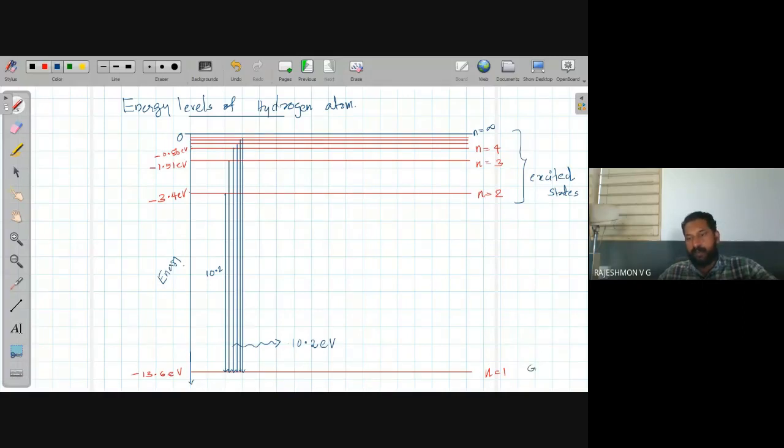This is called the ground state. When it gets some energy from somewhere, it will go to the higher energy states. Then it can come back to the ground state by emitting a radiation. If it absorbs some radiation, it will go from lower to upper level. If it emits some radiation, it will jump from a higher level to a lower level.